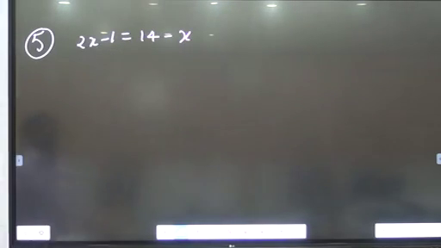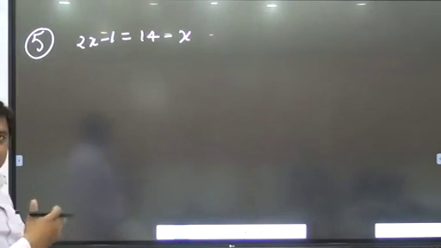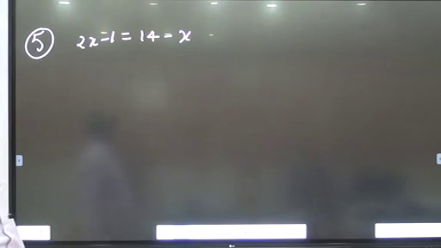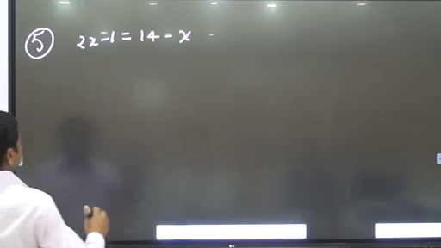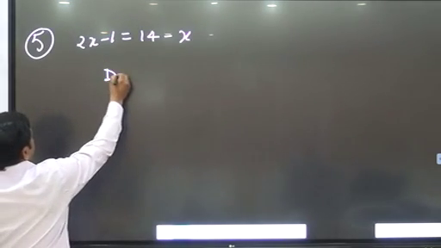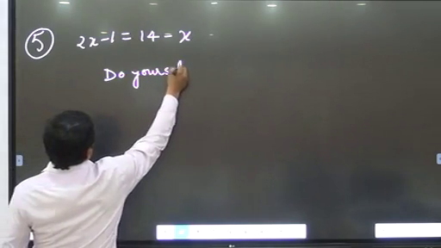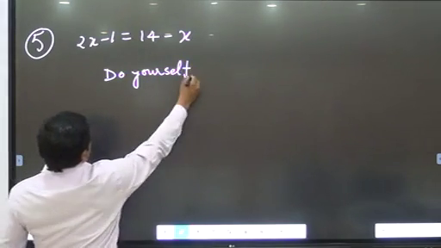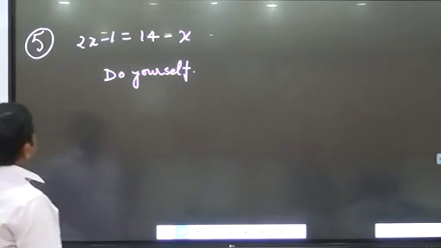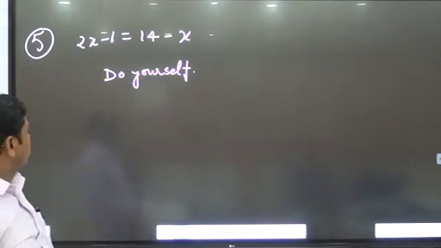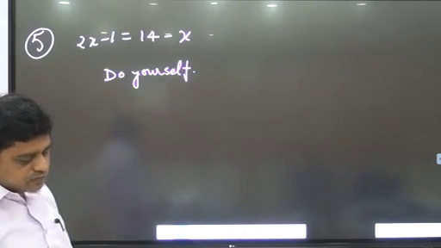As you saw in the last question, vary one side, then find the value of x, and don't forget to check your answer. You should do it yourself to practice carefully and learn how we solve such type of question easily.